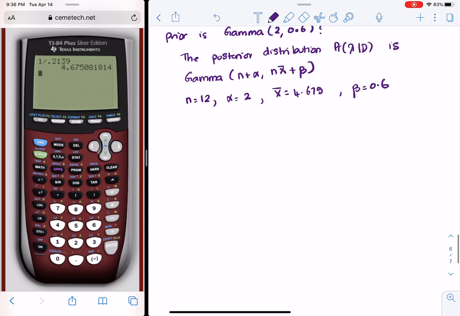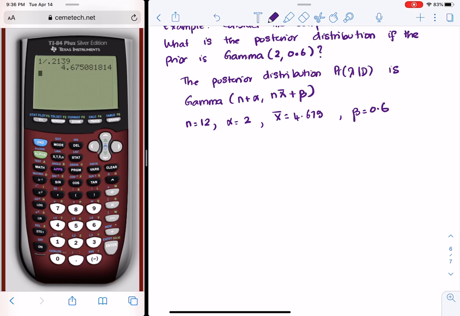So I'm going to plug all the values in, and that would give me the posterior as gamma 14, 12 times 4.675 plus 0.6.